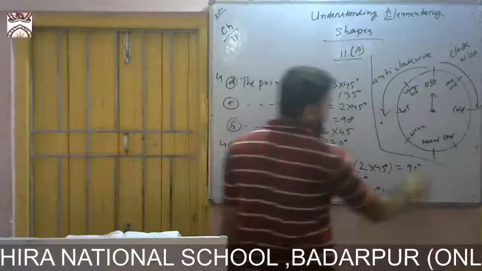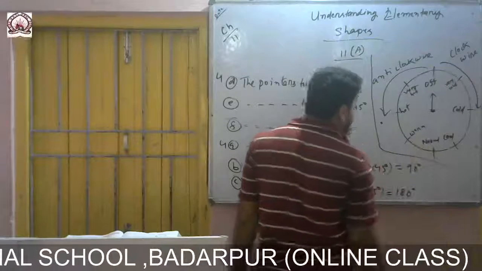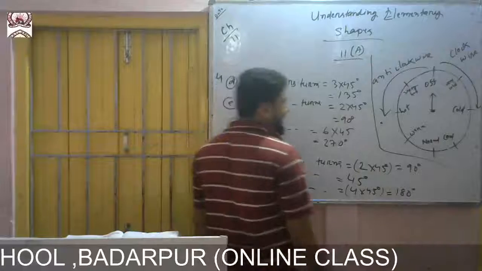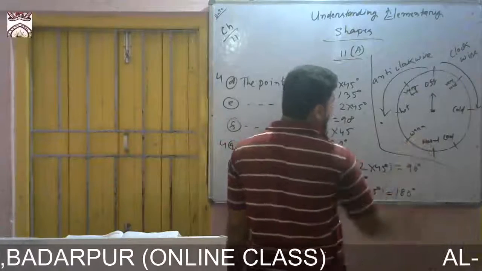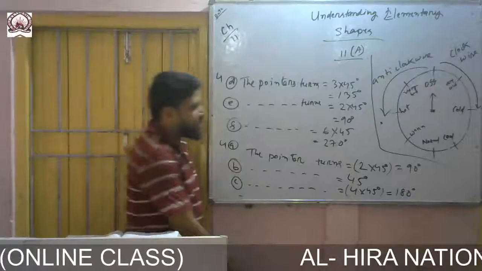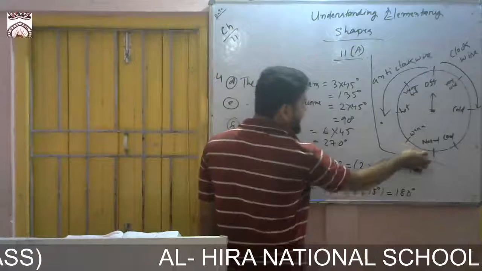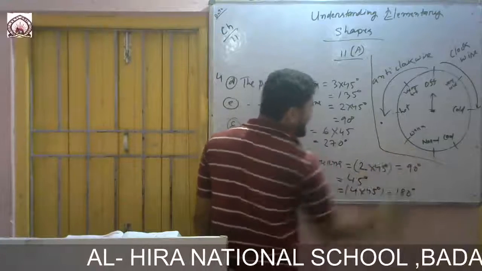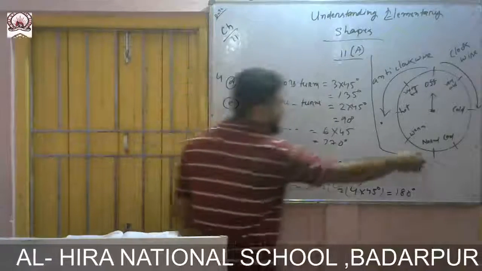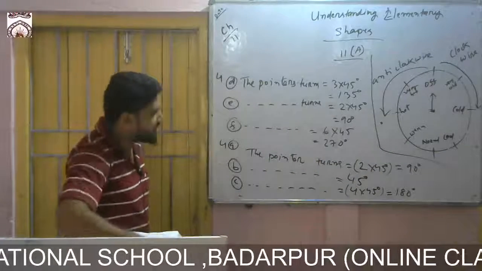So from normal, if it goes 45 degrees clockwise, it will go to warm, because each part is 45. From normal to warm, it is 45 degrees. So the right answer is 45 degrees.